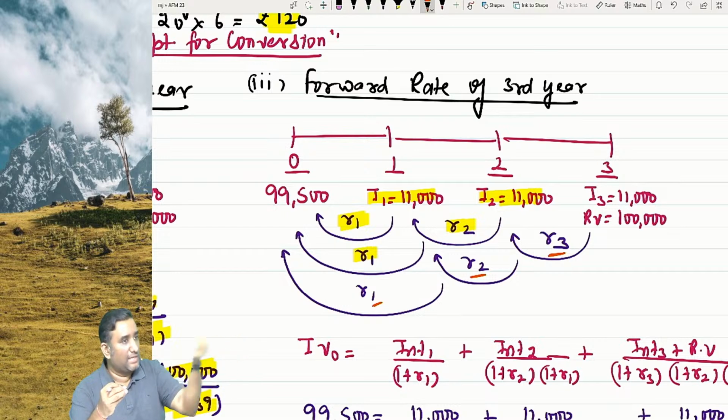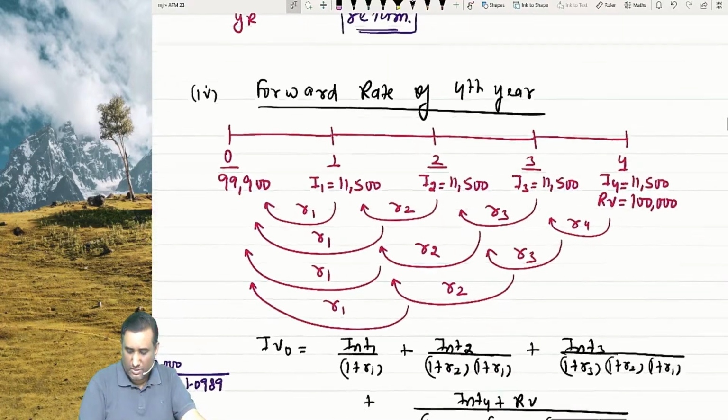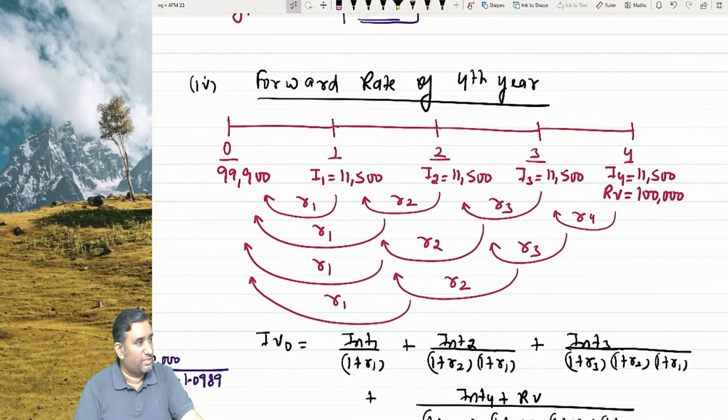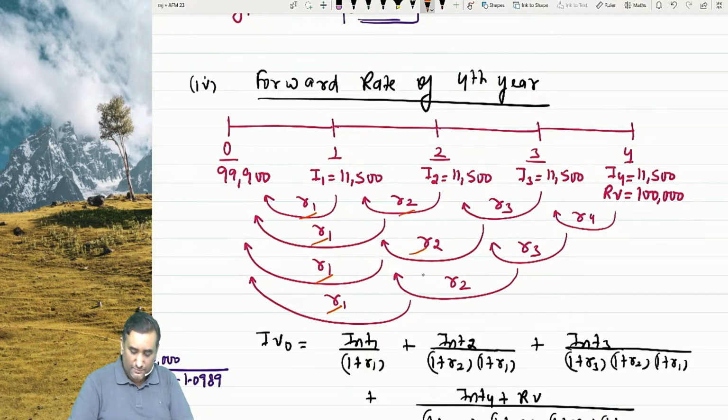Instead of giving you a single lump sum rate, he'll give you 1 year rate, forward rates. So if he gives you 1 year forward rates, so you have to bring third to the second, second to the first, and first to the 0. And same I think fourth year will do. The graphical presentation. So these are yearly rates, and starting point would be, first year will help me in calculation of r1, then I'll have all the factors, then r2 I'll calculate, then r3 I'll calculate, then r4 I'll calculate.